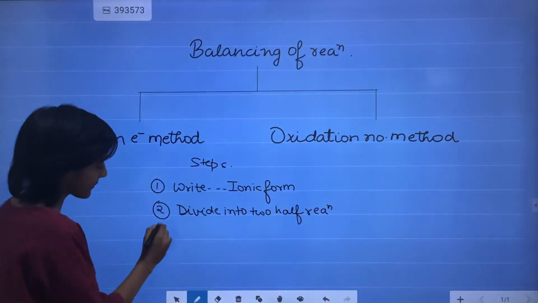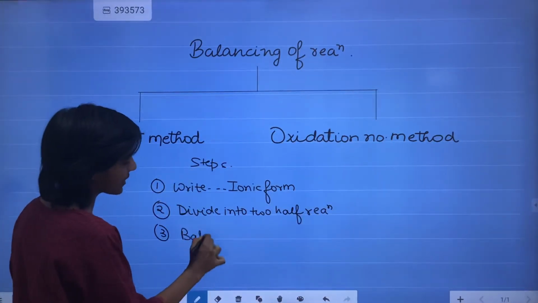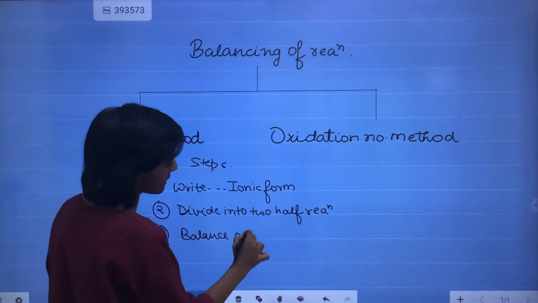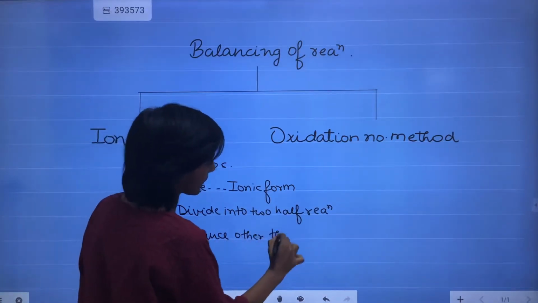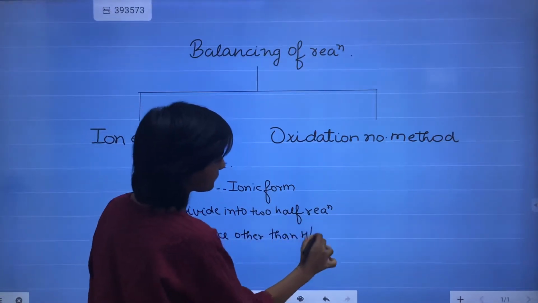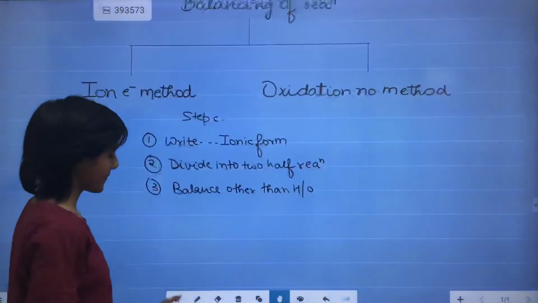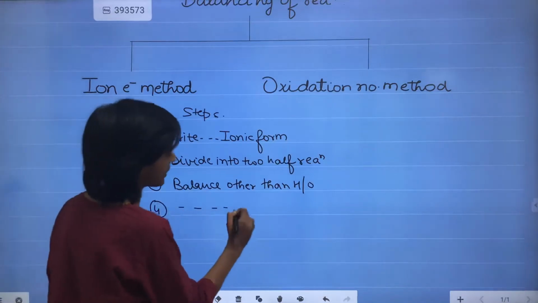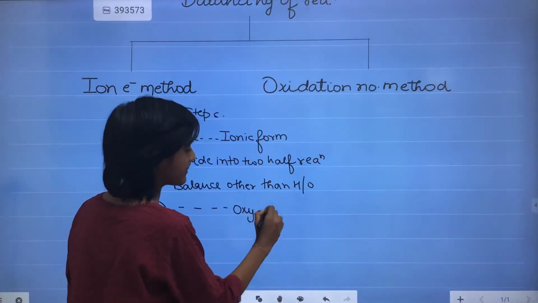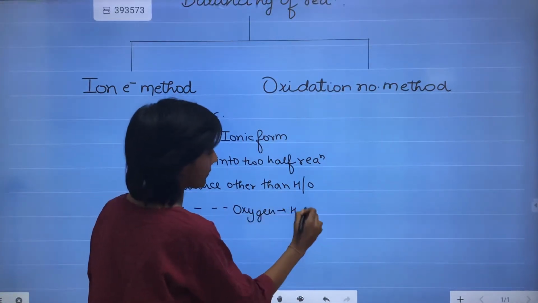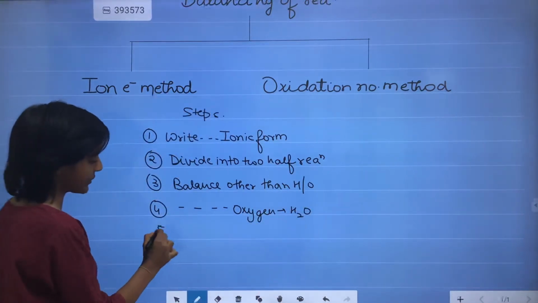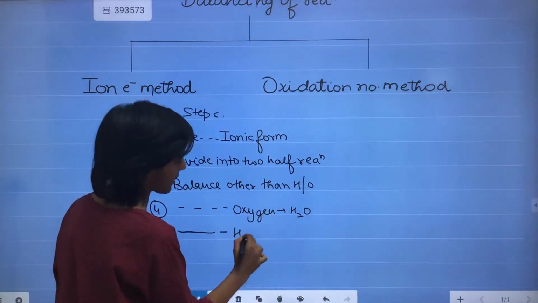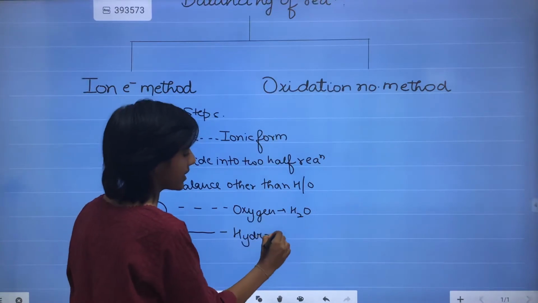Then balance other than hydrogen and oxygen. Then balance oxygen, and oxygen is balanced by H2O. Then balance hydrogen, and hydrogen is balanced by H plus.